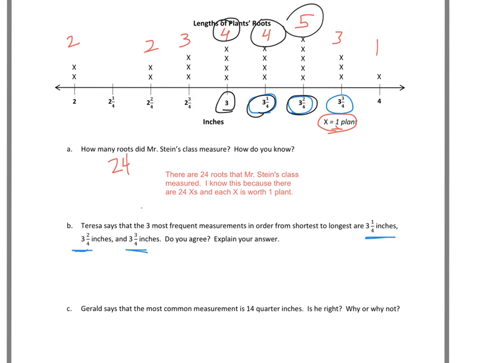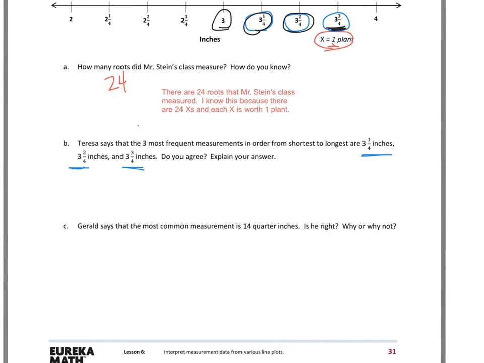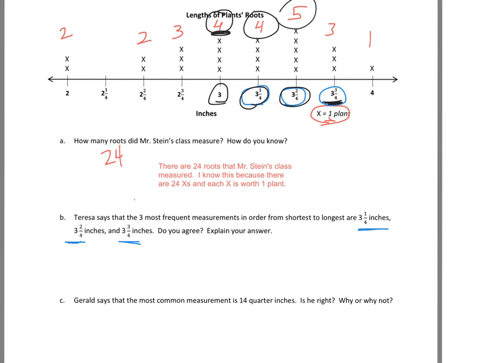I wouldn't consider 3 3/4 as one of the longest because there's one that's actually longer than it. So I disagree with this statement because at 3 inches, there's 4 plants, and at 3 3/4, there's only 3 plants. And there's my answer statement there for it, stating just what I said.